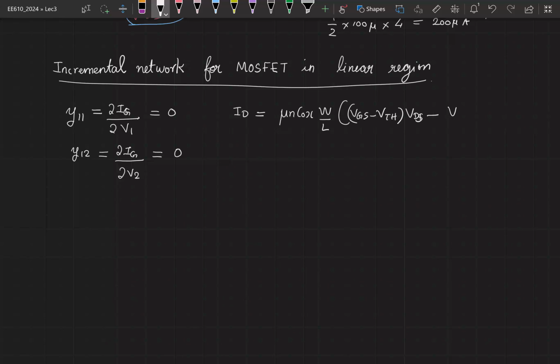Now the expression for drain current was mu n COX W by L into (VGS minus VTH) into VDS minus VDS square by 2. Okay. Y21 given by dou I2 by dou V1, that is same as dou ID by dou VGS. Can you give me the expression for this?